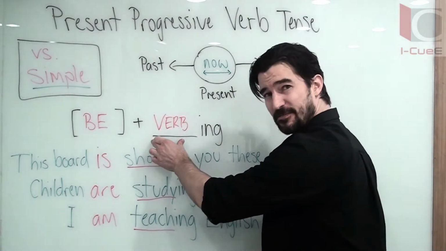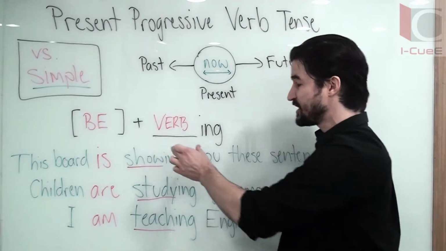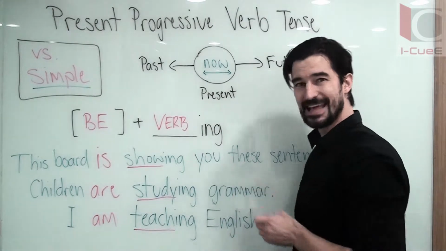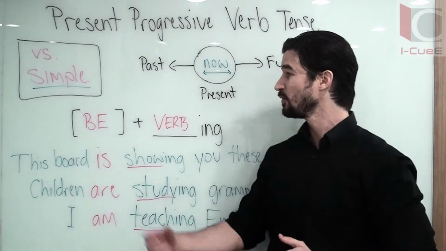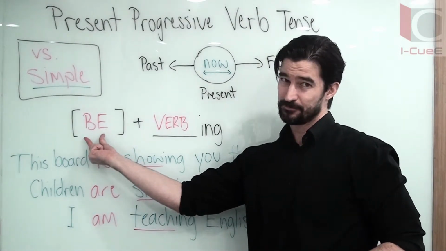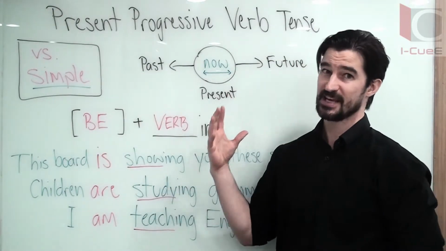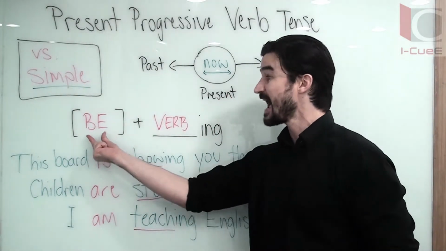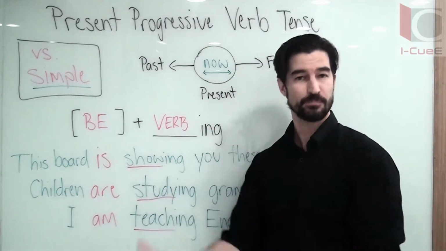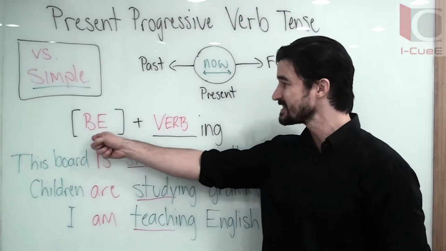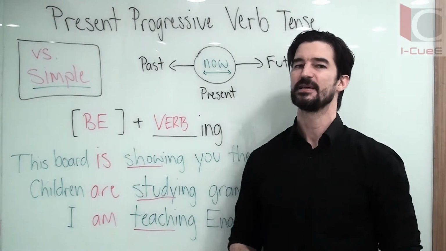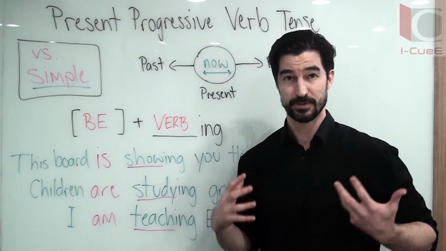The infinitive form, the word that you would look up in the dictionary, with ing on the end. Okay? So this is really important. When you do any progressive tense, but especially the present progressive, you have to have the be verb there as part of the verb, and because it's the be verb, you always have to keep in mind subject-verb agreement.